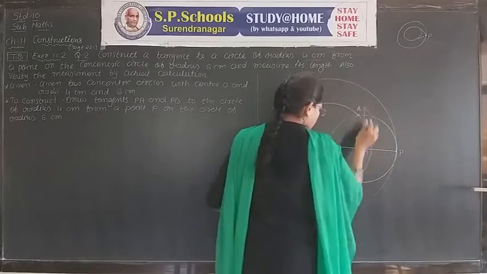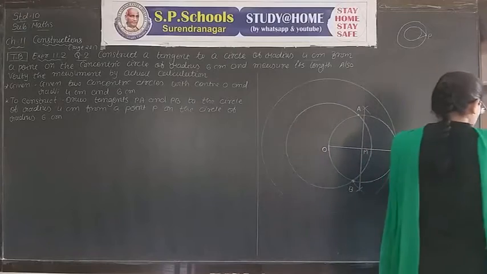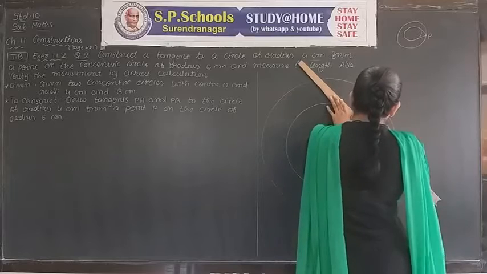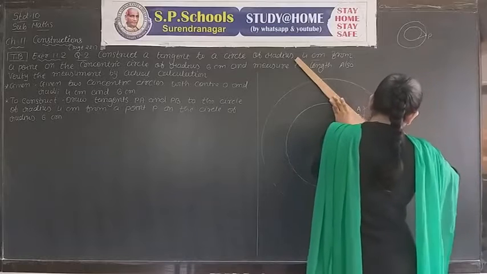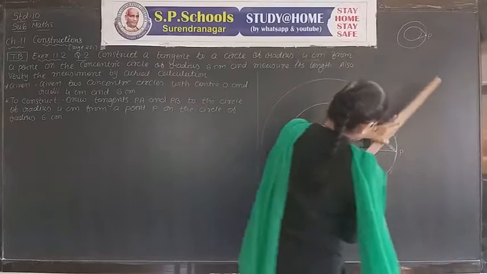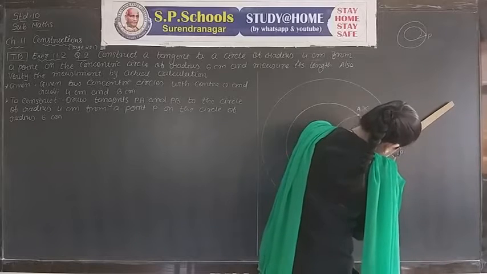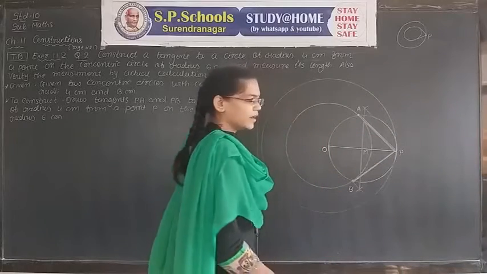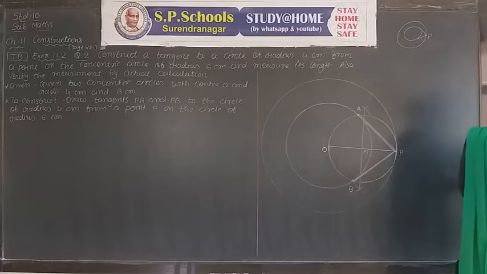One point is A and the other point is B. Now at last we join P to A and P to B. Here PA and PB are our required tangents. The figure of the construction is completed.